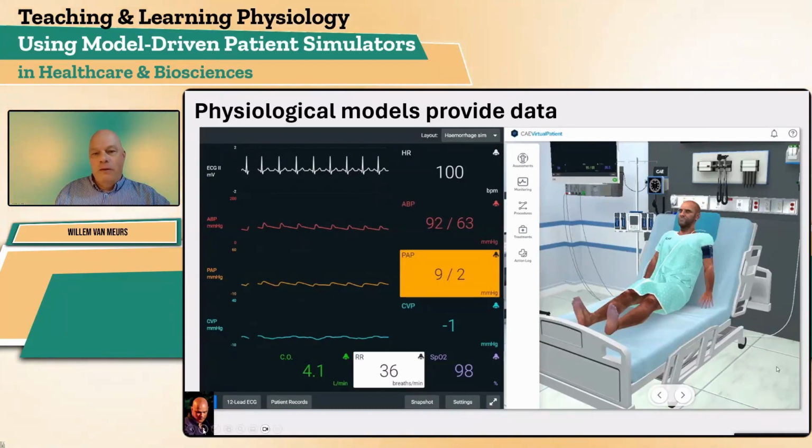And we also drive clinical signs. For example, on the virtual patient on the right, there seems to be some cyanosis, which also comes straight out of these models of human physiology. So this gets us back to the monitors and the patient that we use in our simulation. Next slide, please.